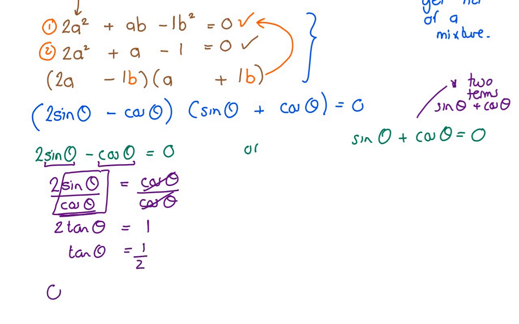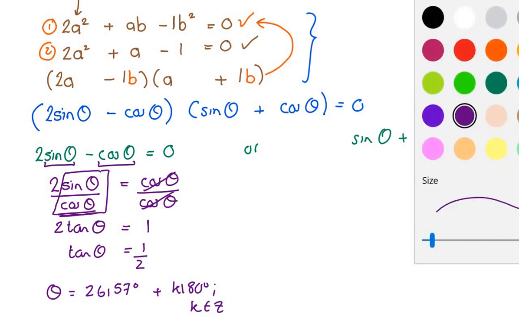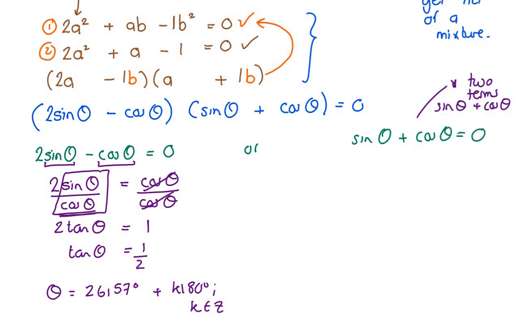Now tan examples are very easy to do because it's just shift tan and then plus k180. So if I shift tan of a half, I get 26,57 degrees plus k180. k is an element of integers. So we will discuss these type of ideas and write a little bit more notes in the next example.